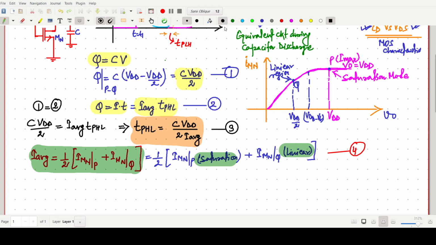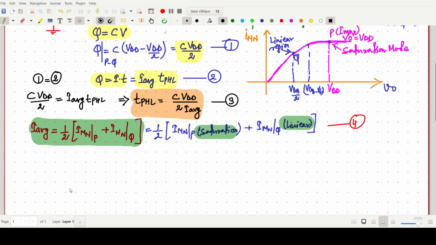I am calculating the value of I_MN at P in saturation. So, drain current in saturation.